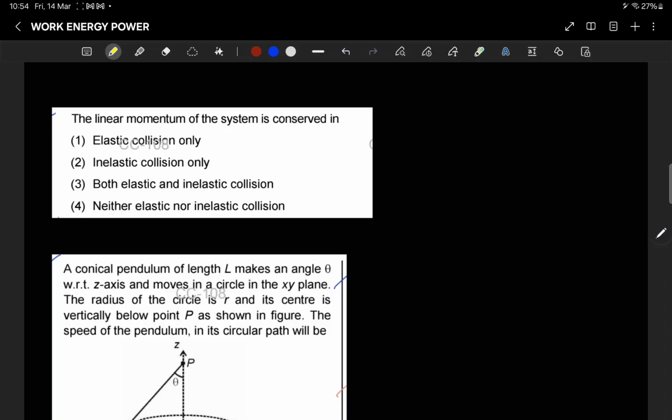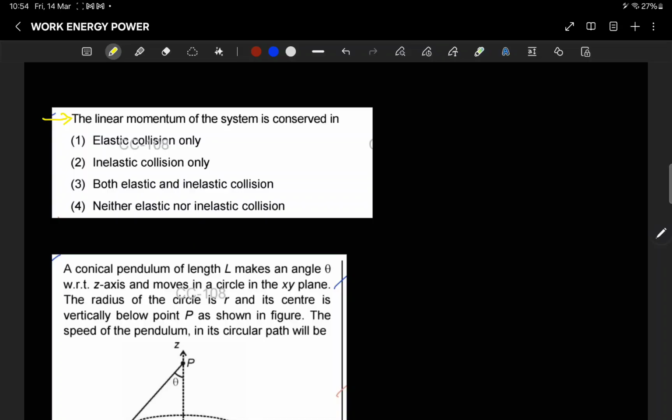The linear momentum of the system is conserved in... Collision-related questions, whether it is elastic collision, inelastic collision, perfectly elastic collision, perfectly inelastic collision, one-dimensional collision, two-dimensional collision, whatever collision, one physical quantity must be conserved, that is linear momentum.